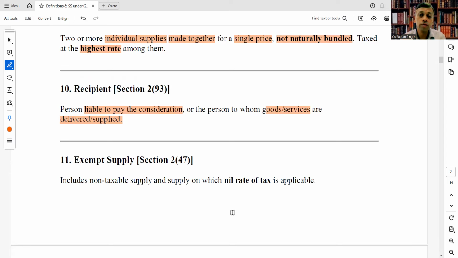Any one, if it is satisfied, then you become the recipient.